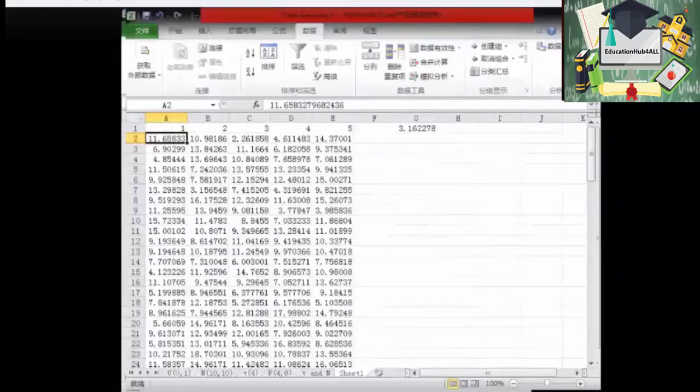Here you input the 10 and 3.16. Why do we put 10? 10 is the mean of the normal distribution, and we want to simulate this normal distribution. This is the square root of 10, the standard deviation of the distribution.